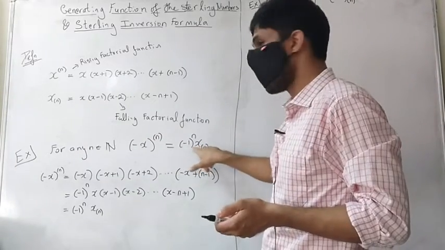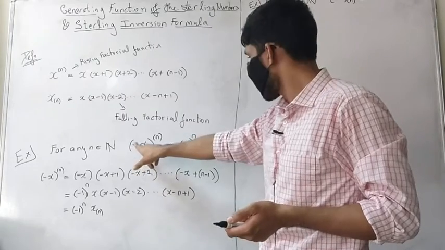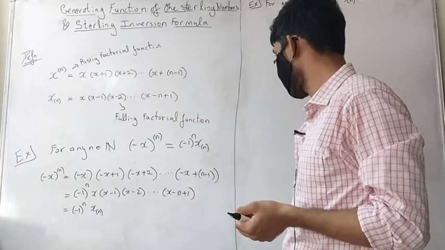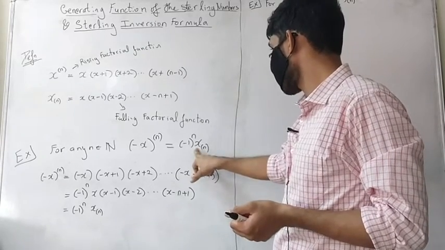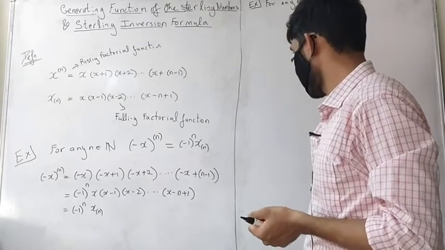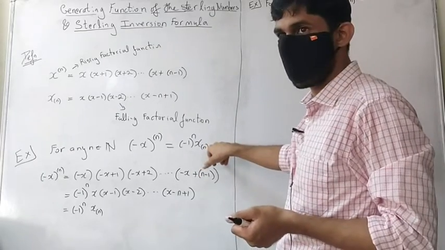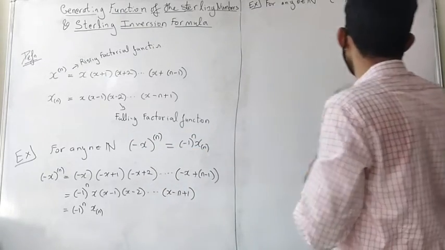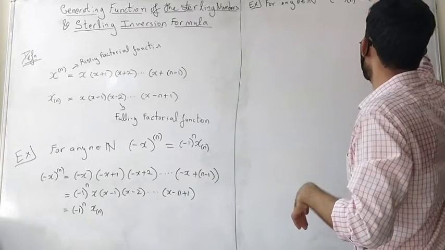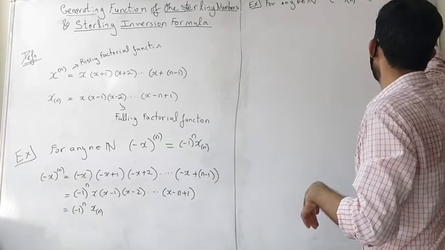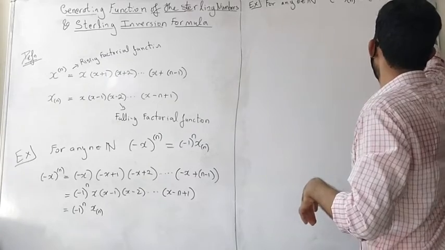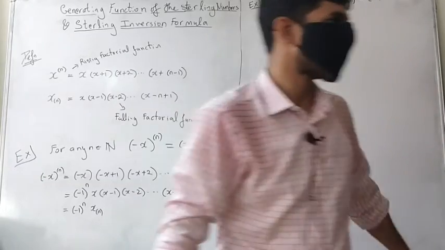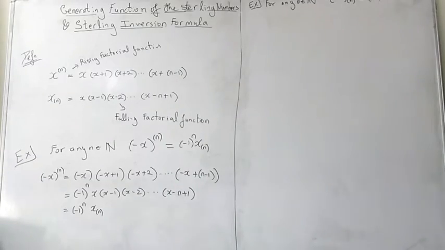In place of x, if I put minus x, here you will get x, and here you will get minus x rising n. I take that minus that side, so it will be exactly the same as minus 1 raised to n times x falling n. Or you can perform the proof in exactly the same manner. So you can see both these work.